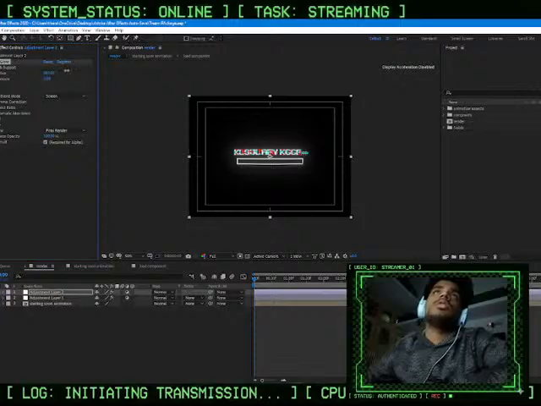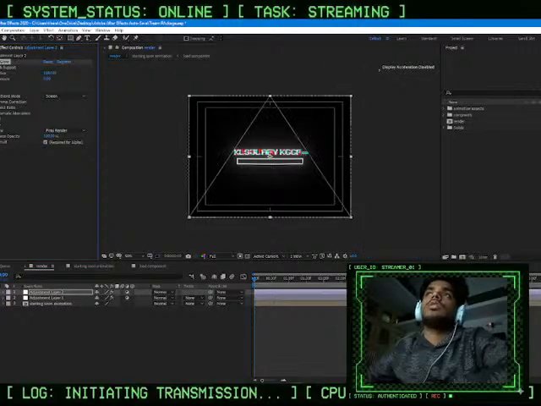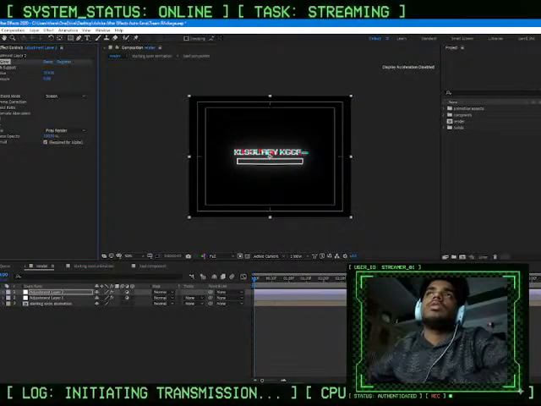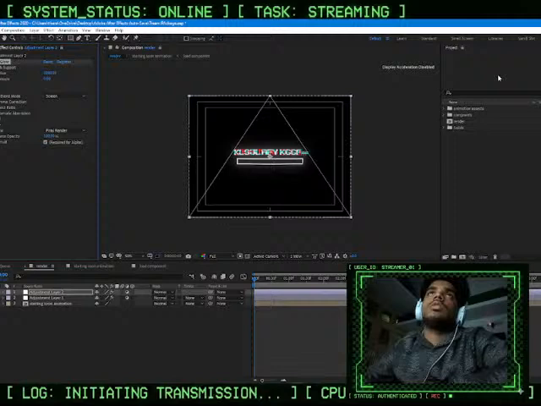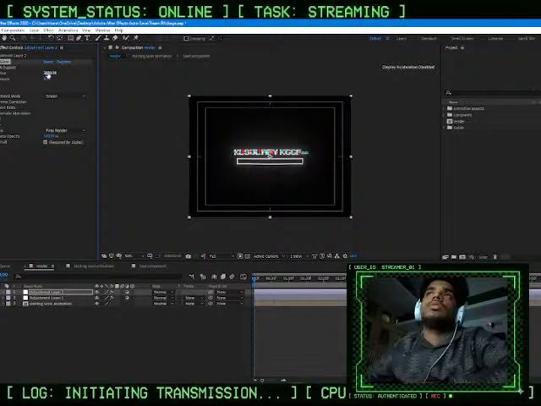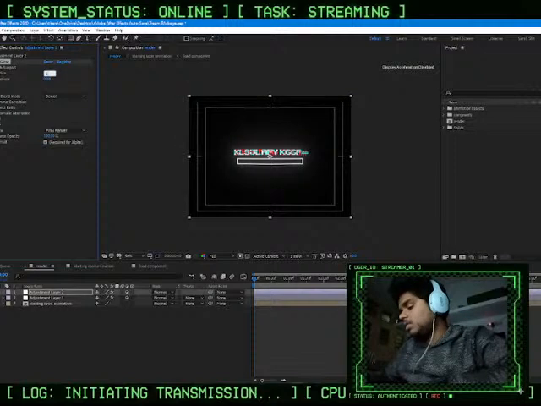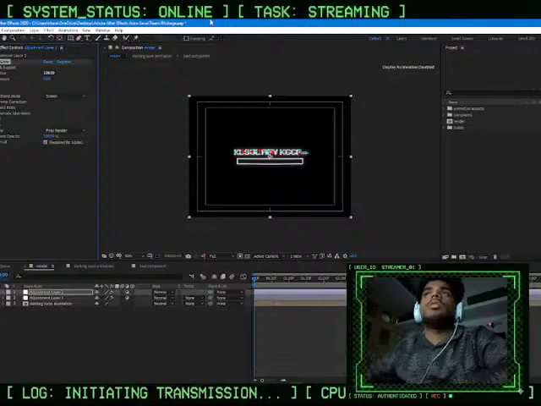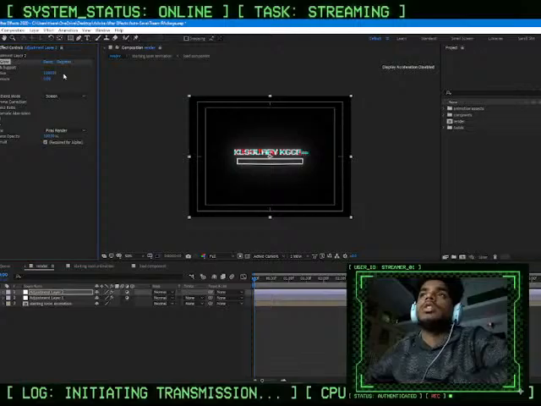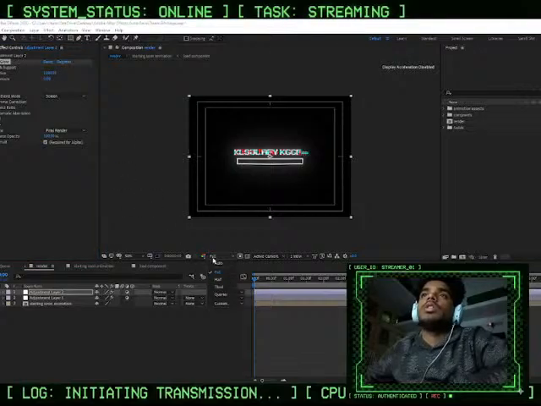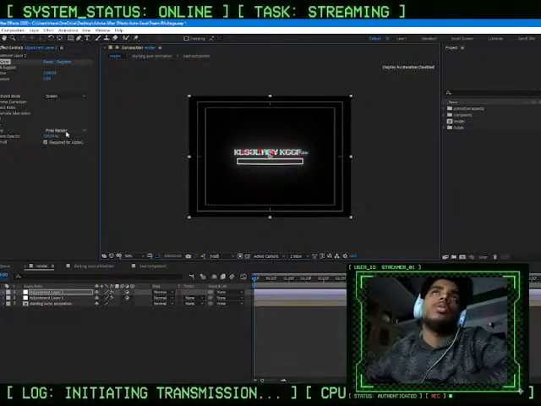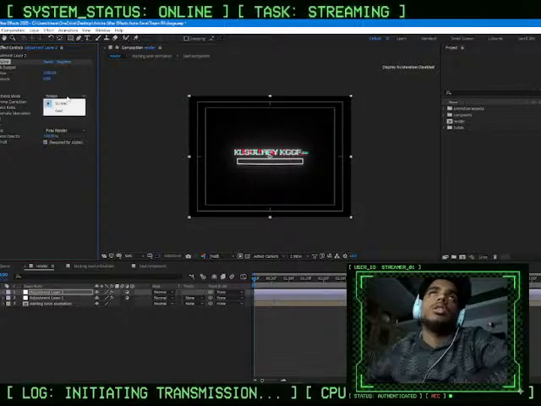Let's see, increase the radius or decrease it. 1000 is really good. Now I'll put it on auto.